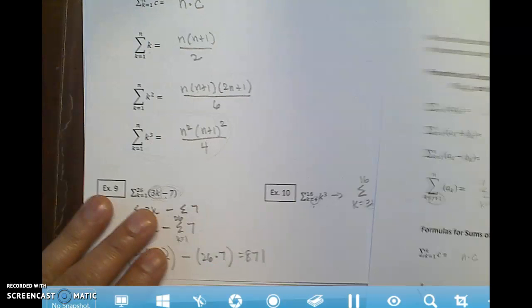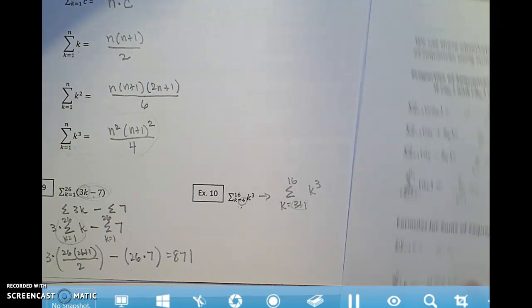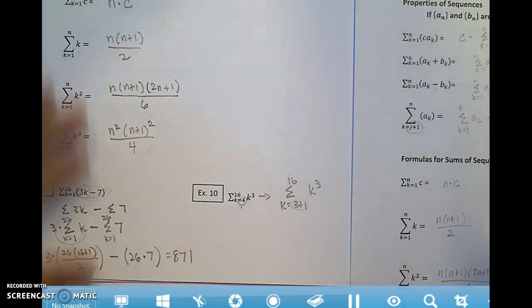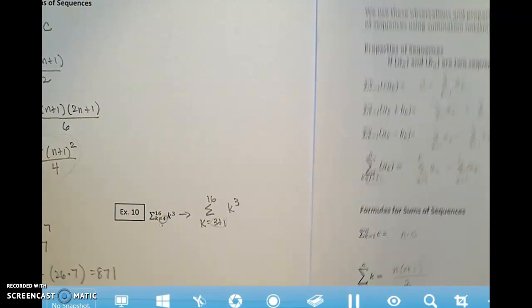Alright, so maybe I'll have that off to the side here, so you can see how I'm using that property. Zooming in.